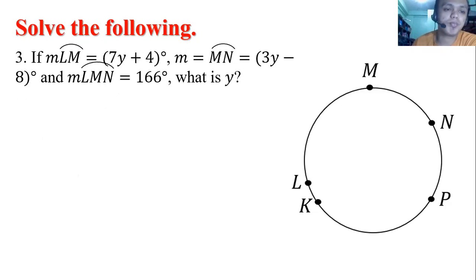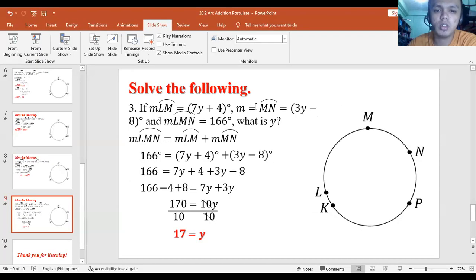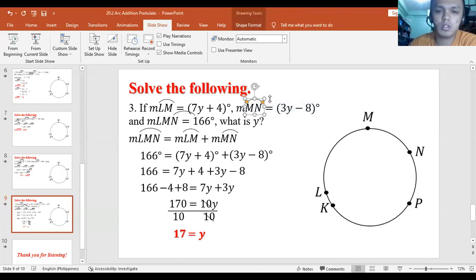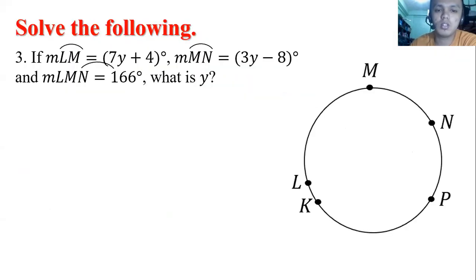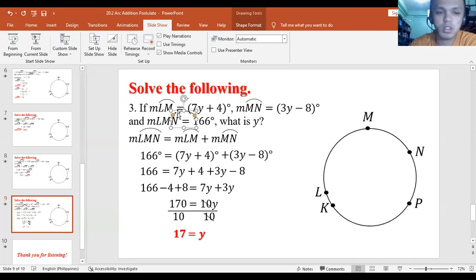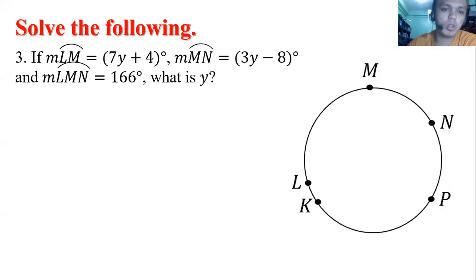Next, how about this one? If measure of arc LM is equal to 7y plus 4 degrees, your arc MN is equal to 3y minus 8 degrees and your measure of arc LMN is equal to 166 degrees, what is your y?